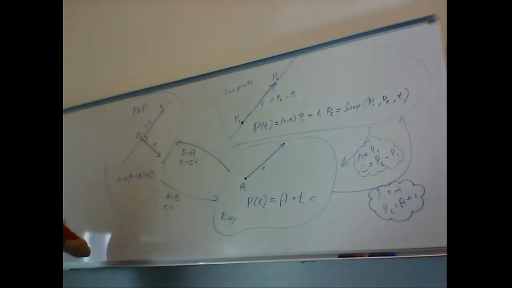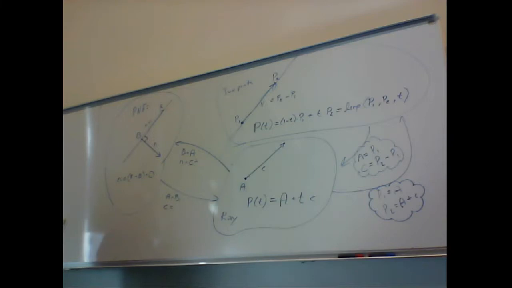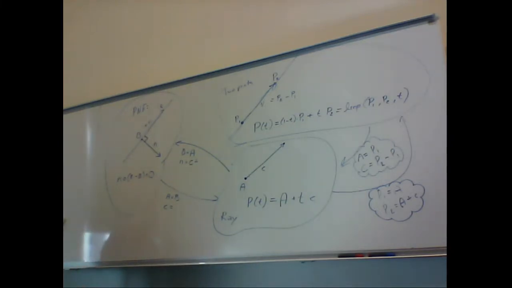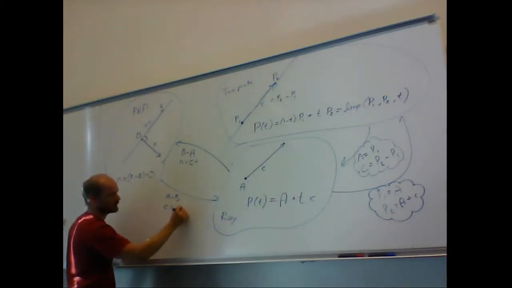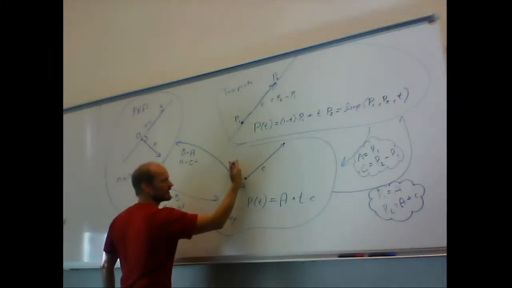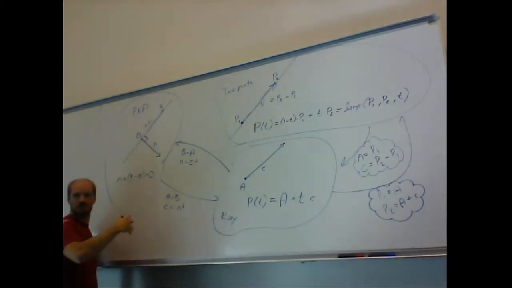If we want the same C back, calculating it from N. Perpendicular N, but do we then get the same C? No. Because C went back here. If we do the perp vector again, it goes here. So I guess flipping that vector, minus n perp.